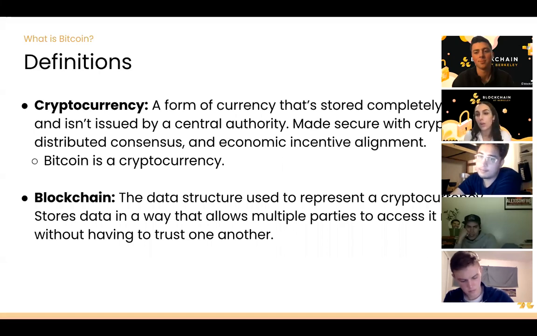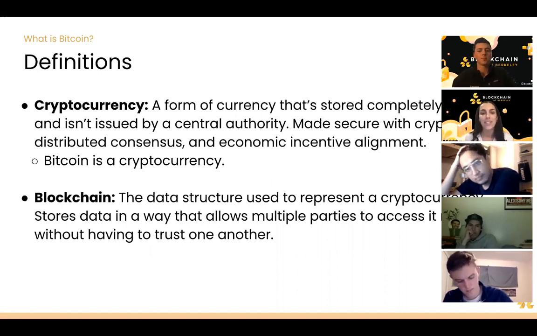But for now, you can think of cryptography as some pretty complicated math that is used to secure sensitive information. And so we use that a lot with Bitcoin and in blockchain. And distributed consensus is how, instead of using a central authority, we distribute that consensus among the entire system. And then economic incentive alignment has a lot to do with game theory.